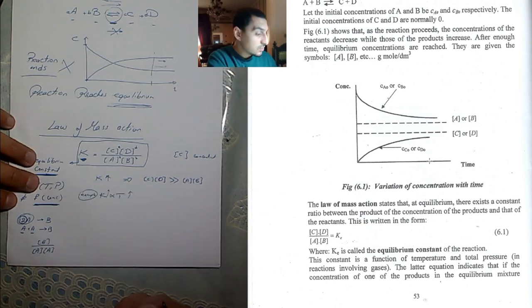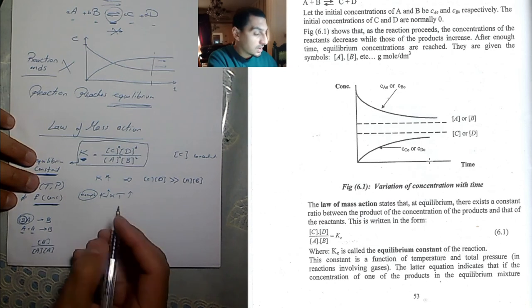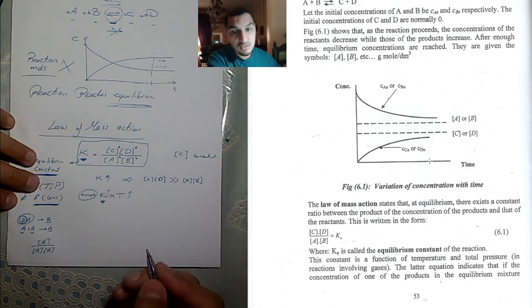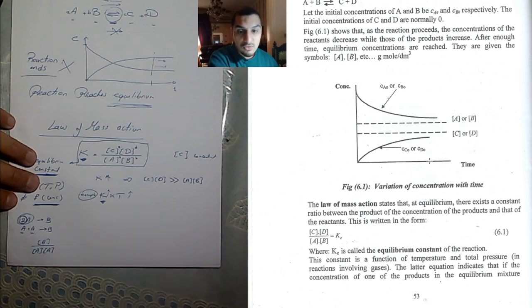This is true in the case of an endothermic reaction, because as you provide more heat, the reaction will proceed in the forward direction, and this is because K is higher with temperature, and the opposite for the exothermic reaction.